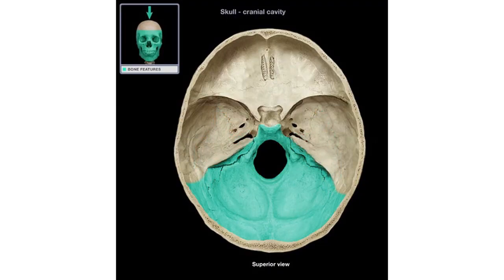We had a look at this slide before, and it is the posterior cranial fossa, mostly made by the occipital bone, and it has the largest foramen in the skull.